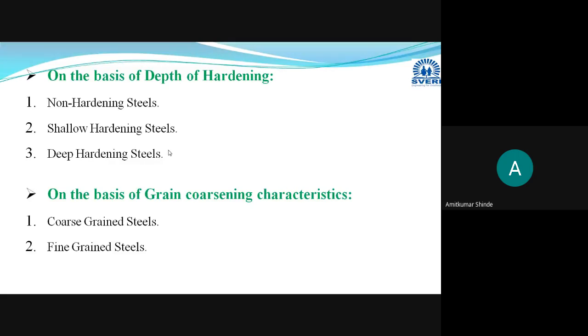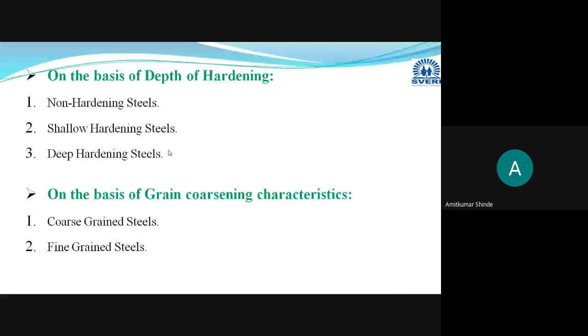Here, the steels are classified into three types: non-hardening steels, shallow hardening steels, and deep hardening steels, depending on their ability, or how much depth of hardening you can achieve, or how you are going to improve the hardenability of that particular kind of steel. Depending on that, these are classified as non-hardening, shallow hardening, and deep hardening steels.